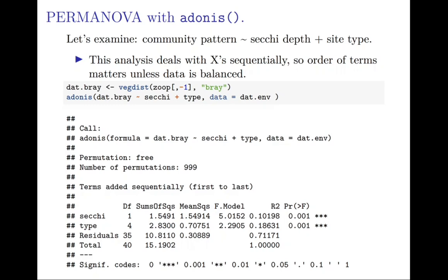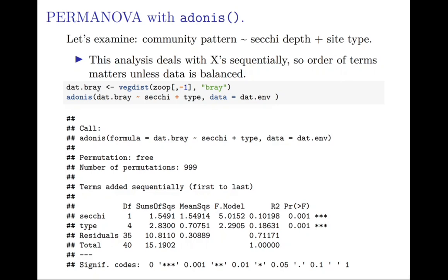And so FYI, this analysis deals with X's sequentially, so the order of your terms really matters unless your data is balanced. So to run this, we have to create a distance matrix of our zooplankton, remembering to drop that first column of the data because that is our site, that's our plot numbers. And we want to use a Bray-Curtis distance here.